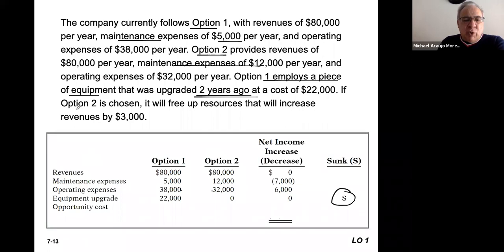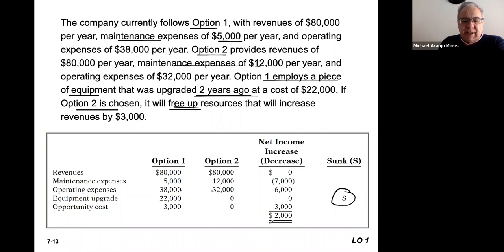However, if option two is chosen, it will free up resources that will increase revenue by 3,000. So in essence, with option two, they would be able to increase revenue or their profit by 3,000, because option one is actually absorbing that.